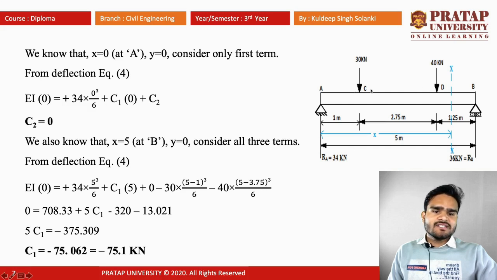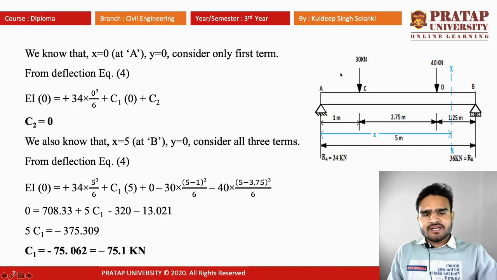In range C to D, two forces are available, so we take two terms, by the reaction and by the 30 kilonewton. If we take the range between D and B, we take all the terms: the reaction, 30 kilonewton and 40 kilonewton. Here we take x equals 0, which means at A, so it is in the range between A and C.